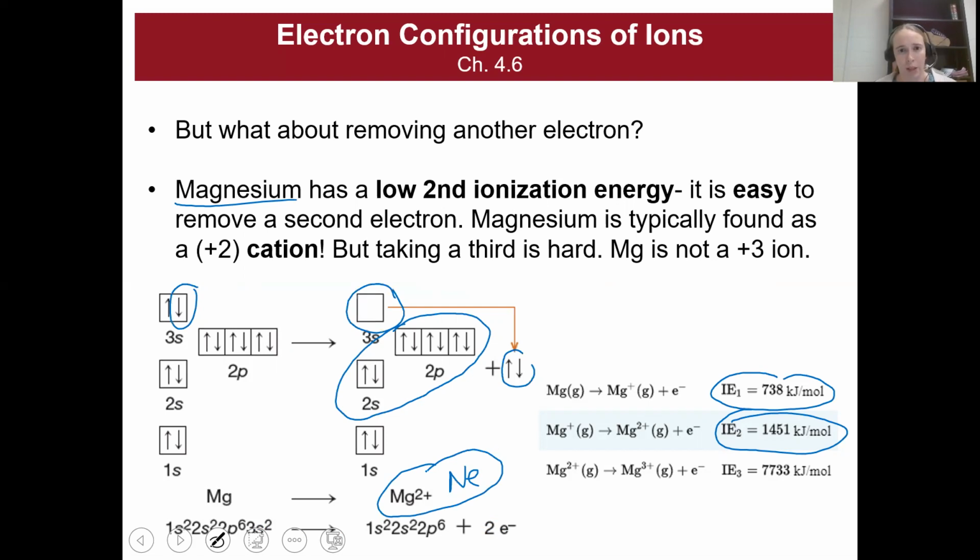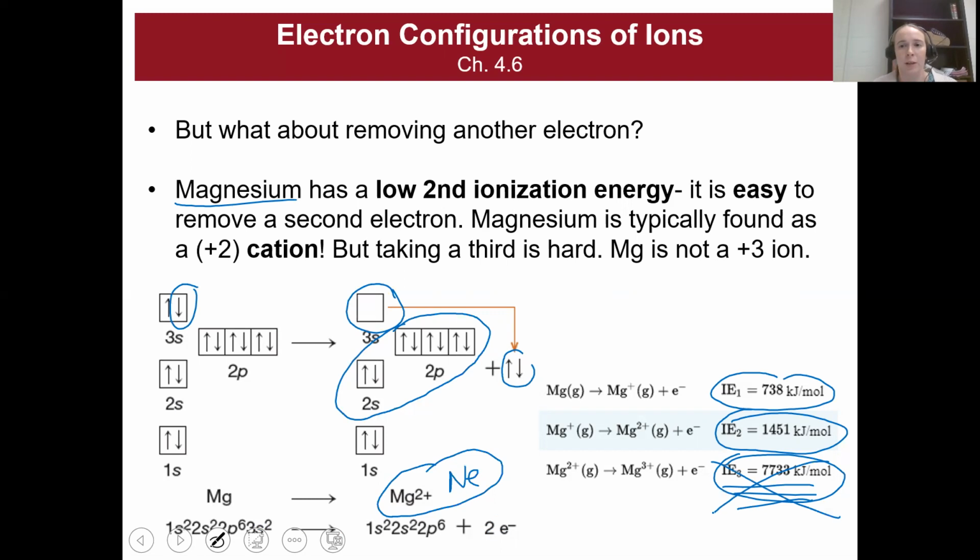So again, it comes back to ionization energies and electron configurations. What happens when you try to take a third electron away? Is magnesium going to be found as a +3 ion? No, that requires a ton of energy over here. It's 7 times as much energy as it required to take the 2 away, to take another one away.